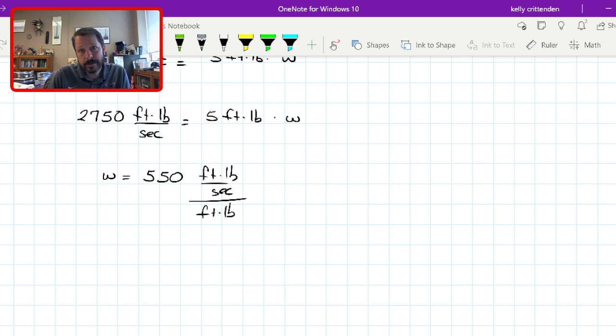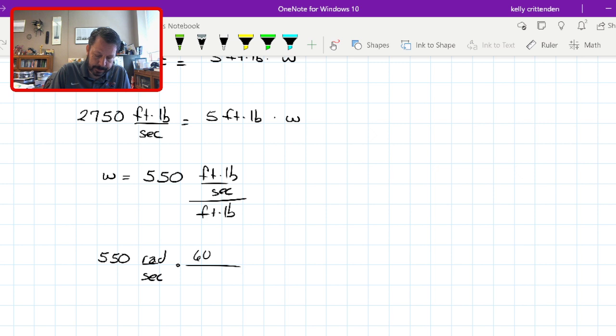Most of the time, you don't want these in radians per second. You want them in either hertz or revolutions per minute, RPM. So let's see if we can convert 550 radians per second into RPM. Instead of seconds, we want minutes, because RPM is revolutions per minute.